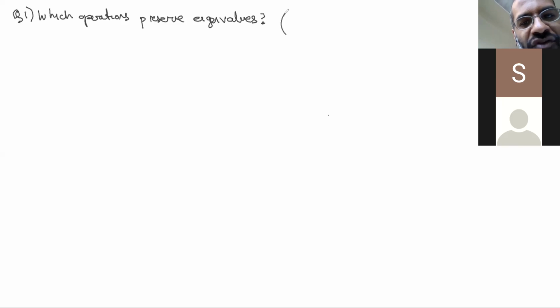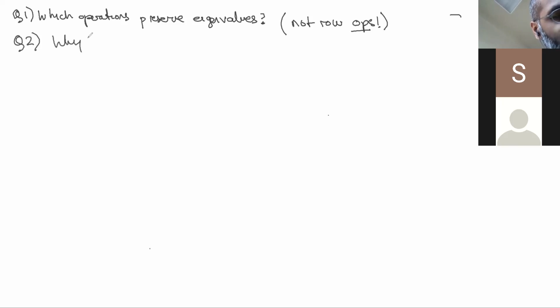Now, we saw at the end of the last lecture that row operations can really screw up the eigenvalues. So we'll understand which operations preserve the eigenvalues. And then the second thing we'll understand is, why are we doing it? So we defined this equation and we talked about how to find solutions. What's the point? And this is something that's called diagonalization.